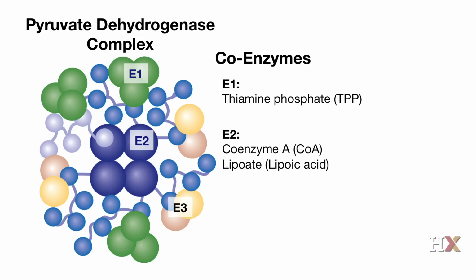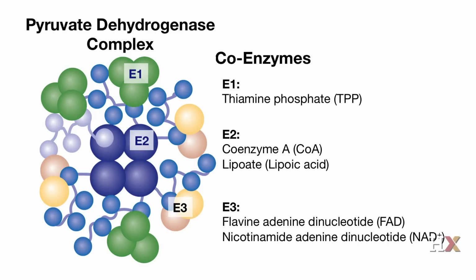And transiently bound to E2, we have coenzyme A. FAD is covalently attached to E3. And NAD+ is transiently bound to E3. So our 5 coenzymes are TPP, coenzyme A, lipoate, FAD, and NAD+.